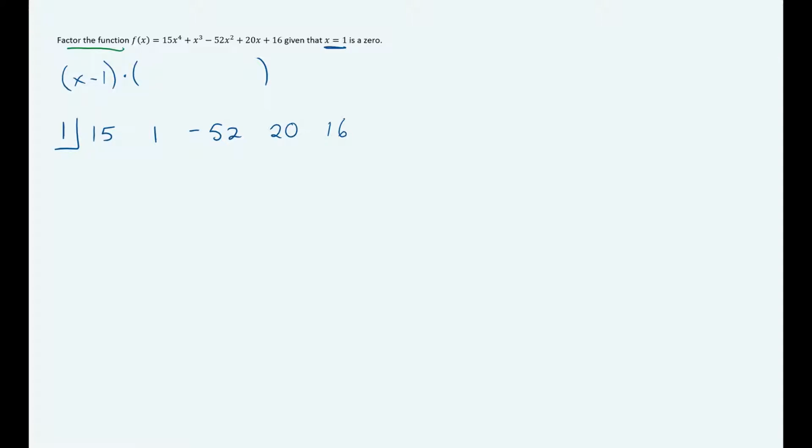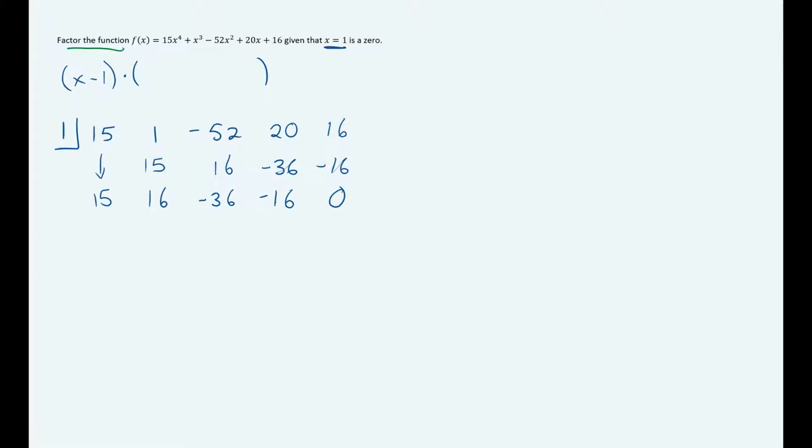There are no missing powers, so we're good to go. Drop down the 15. 1 times 15 is 15. 1 times 16 is 16. Negative 52 plus 16, negative 36. 1 times negative 36 is negative 36. Get a negative 16. Good.